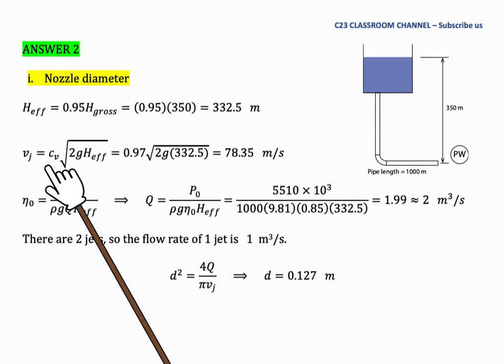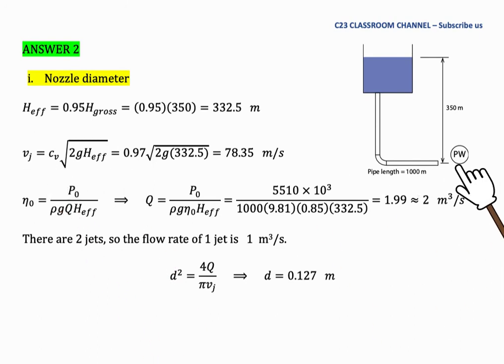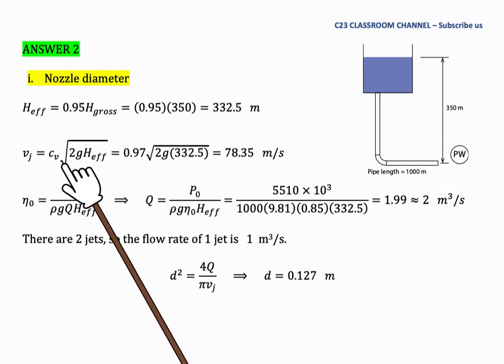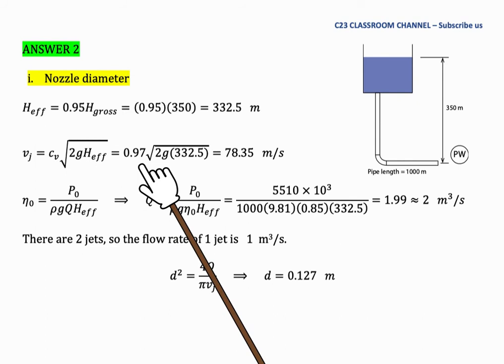Next, we could calculate the velocity of jet that hits the Pelton wheel here. When it travels from nozzle to the bucket here, it has losses of energy, and the coefficient of the losses of energy is given by CV, coefficient of velocity, and it is equal to 0.97.